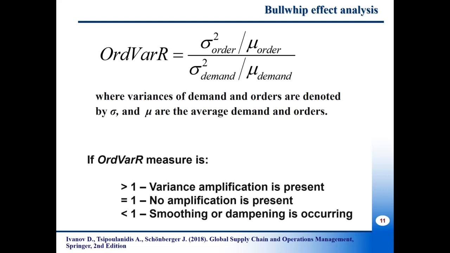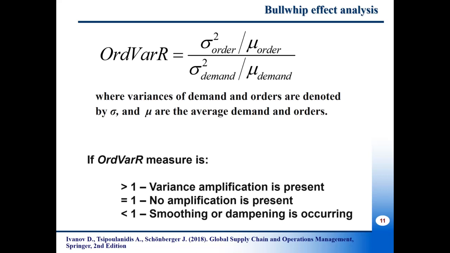Therefore, if the performance indicator is higher than 1, variance amplification is present. If the performance indicator is equal to 1, no variance amplification is present. If the performance indicator is lower than 1, smoothing or damping is present.